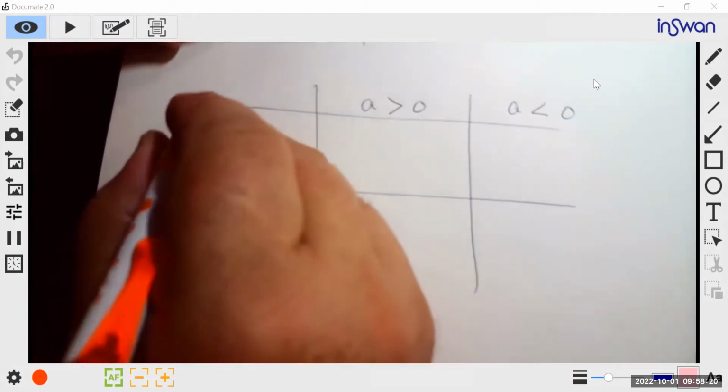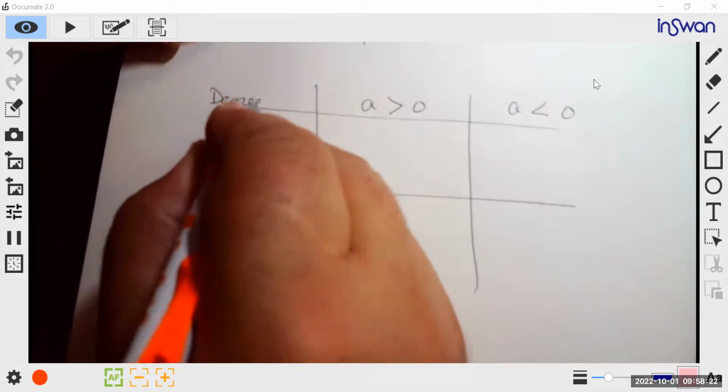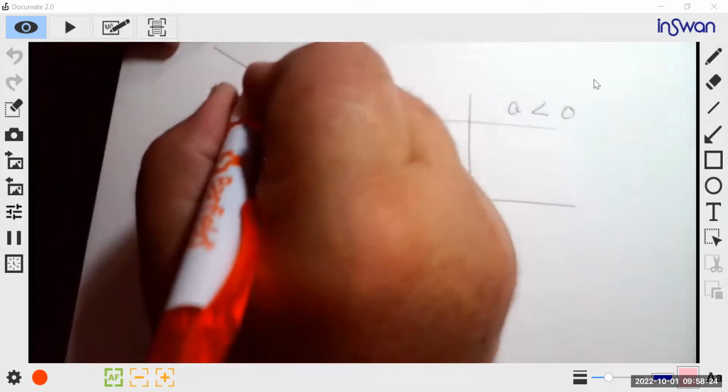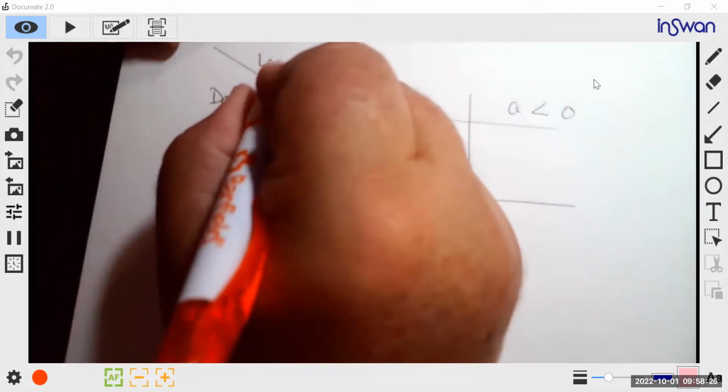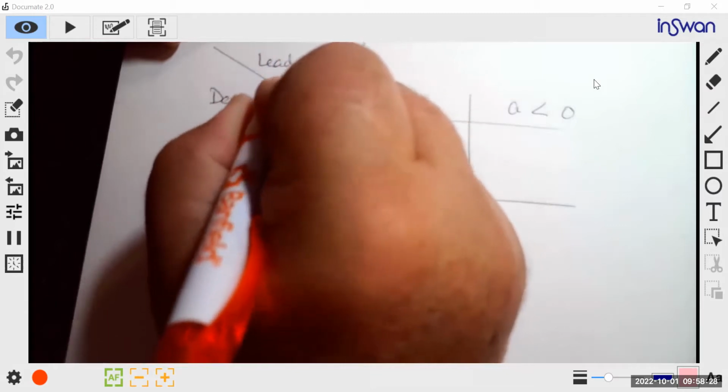Remember, n is your degree. And this is the leading coefficient.